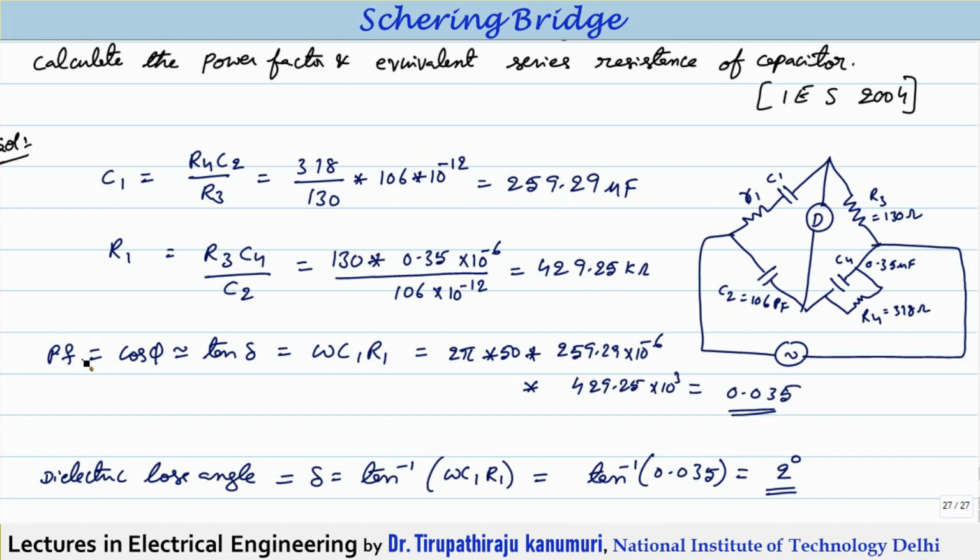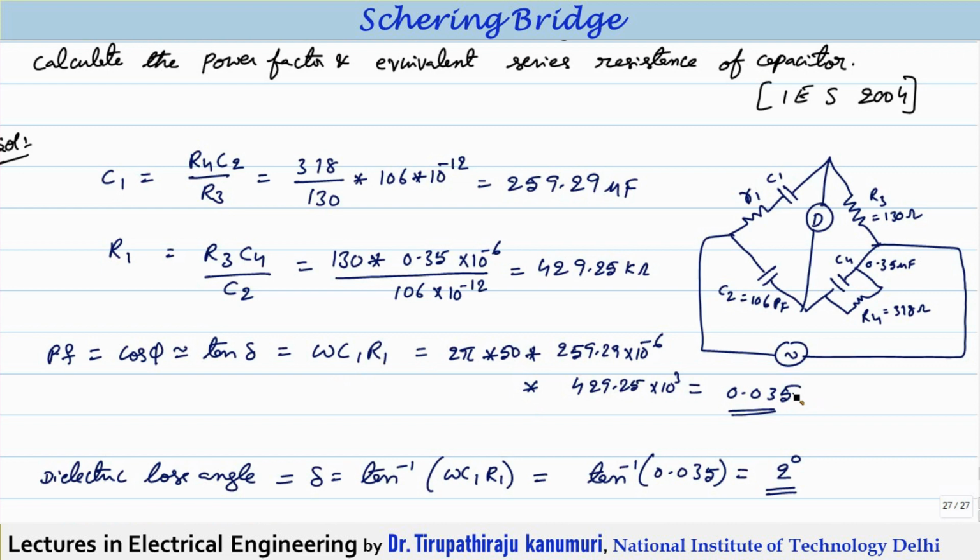I have already discussed with you that when the dielectric loss angle is very small, we can approximate the power factor as equal to tan delta. So cos phi or tan delta is omega C1 into R1, that is 2 pi into 50 into C1, R1 substituted, and you will get 0.035. So this is the value of the power factor of the capacitor.